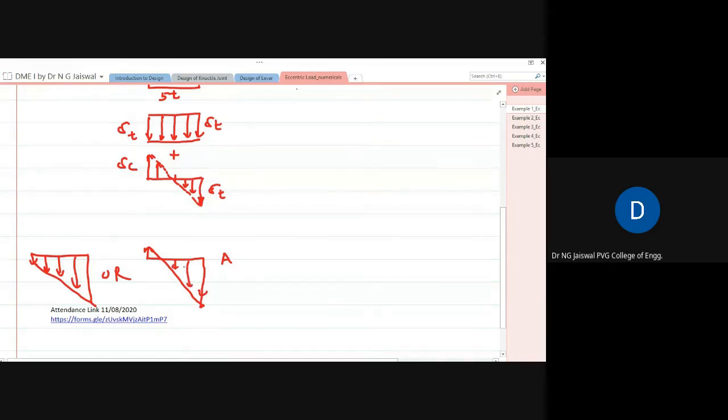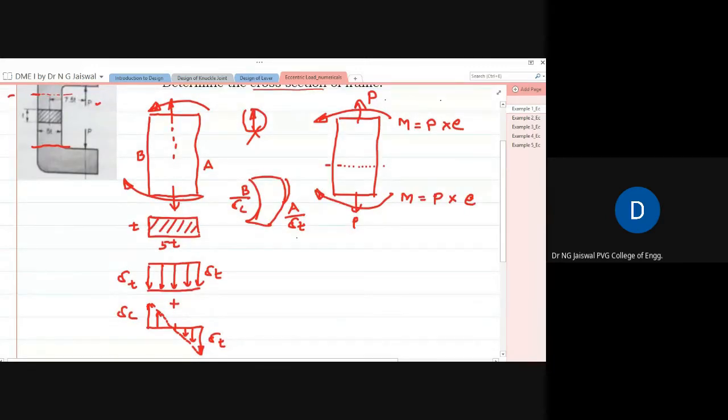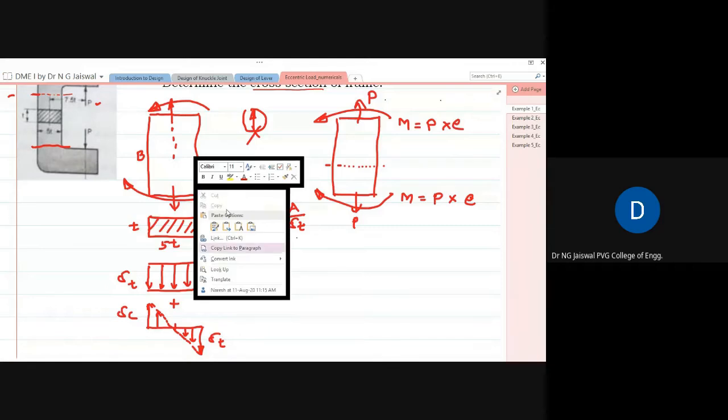Okay. Now, what information does the figure give us? This figure tells us that at any point of time, fiber A is heavily loaded, I mean heavily stressed. So if you take a small area here, it will be subjected to the maximum amount of stress.